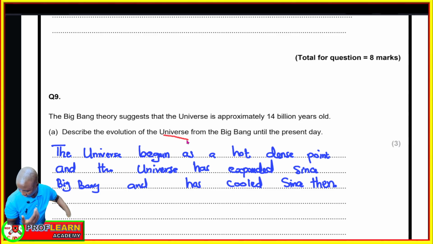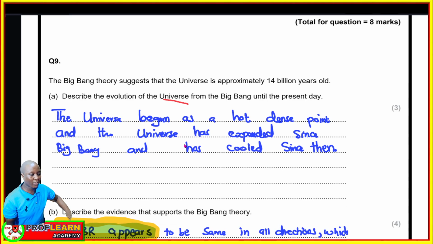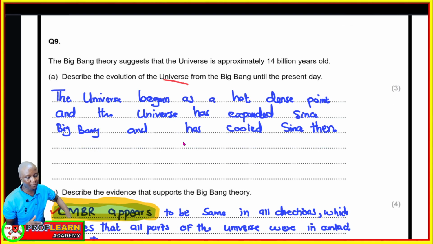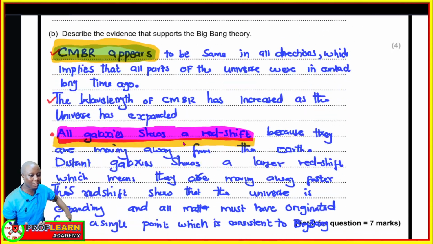What has happened since then until now? So what we need to understand is that the universe began as a hot dense point, and the universe has expanded and it has cooled down. So those are all the different changes that have taken place since the universe was created until now. It expanded and cooled down.